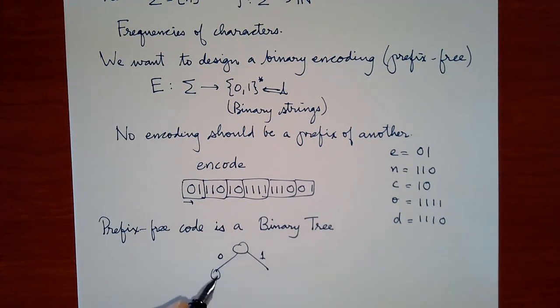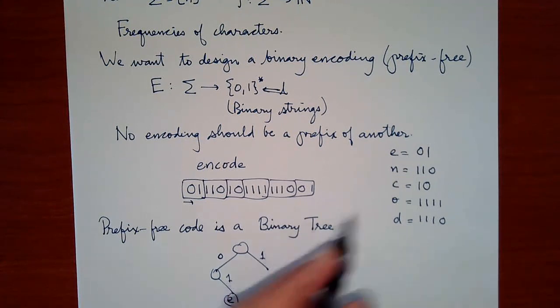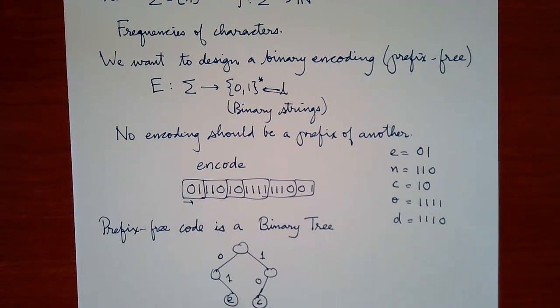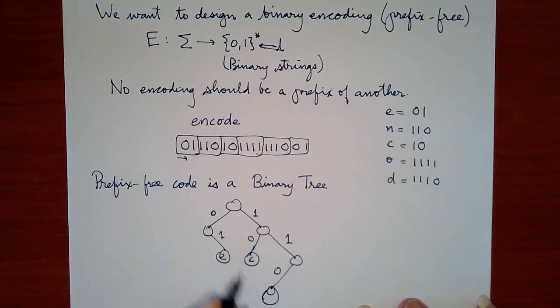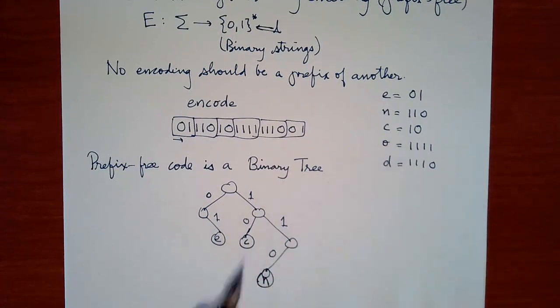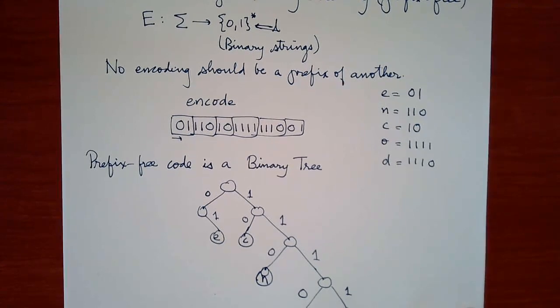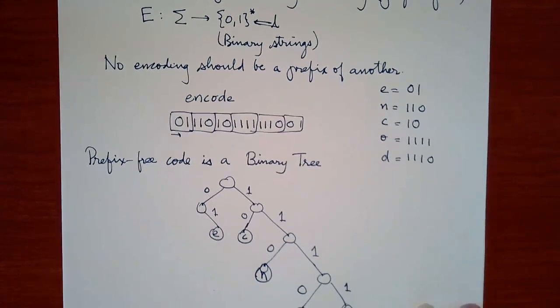So you took a 0, you took a 1, and this is E. You take a 1, you take a 0, and this gives you C. 1 1 0 is an N. And then 1 1 1 0 1, and so finally this gives a D, that's an O.